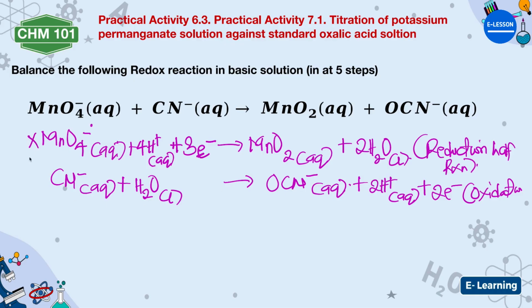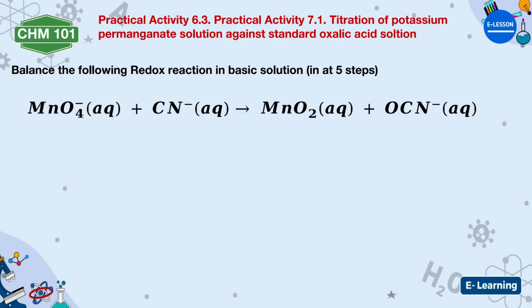Now, the next thing is to multiply by the number of electrons you have. Here, you have 2 electrons, so you multiply by 2, while here, you have 3 electrons, so you multiply here by 3. Is that okay? So at the end of the day, you just multiply through.